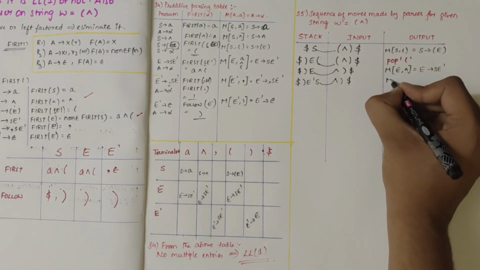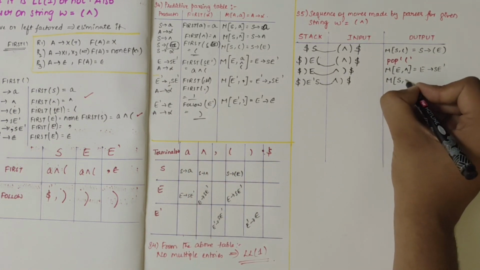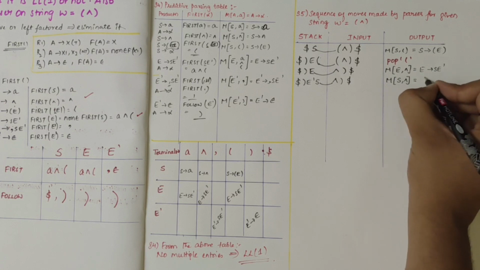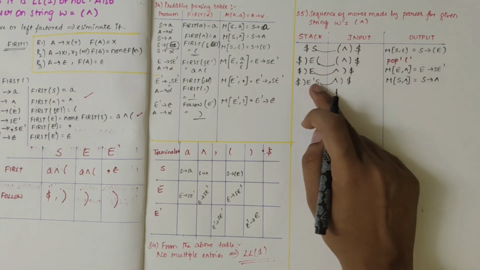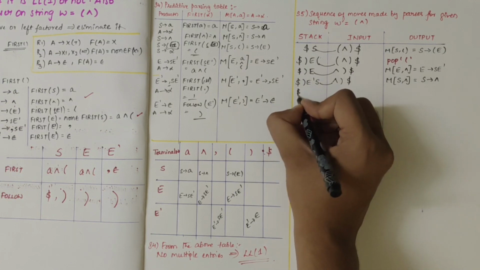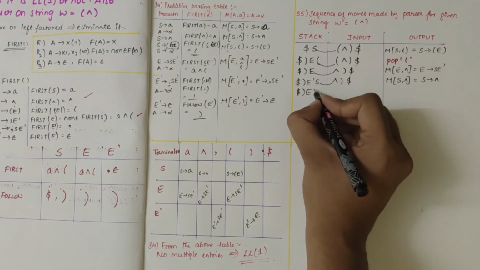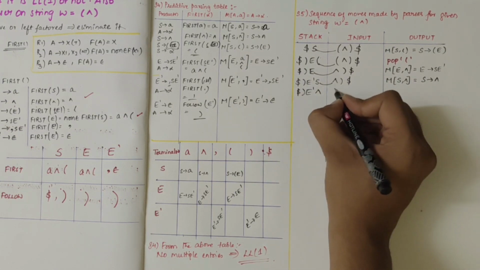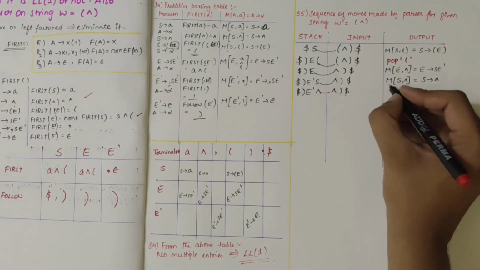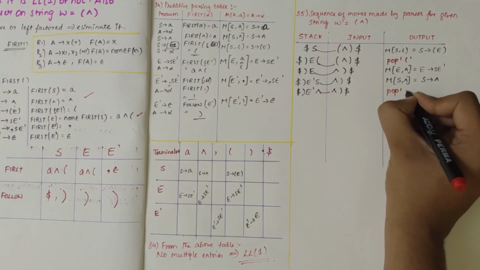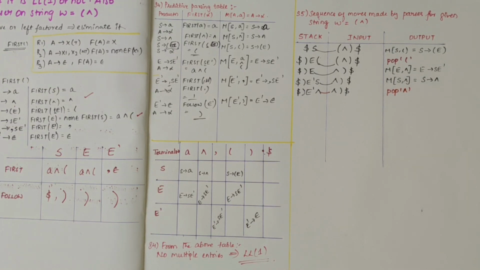So you get M of S and exponential symbol. If you compare, you get S derives exponential symbol. So in place of S you will substitute the exponential symbol. Here you can see two same symbols are there, pop exponential symbol.